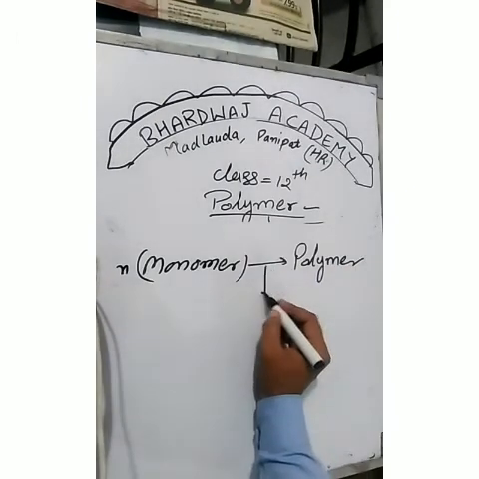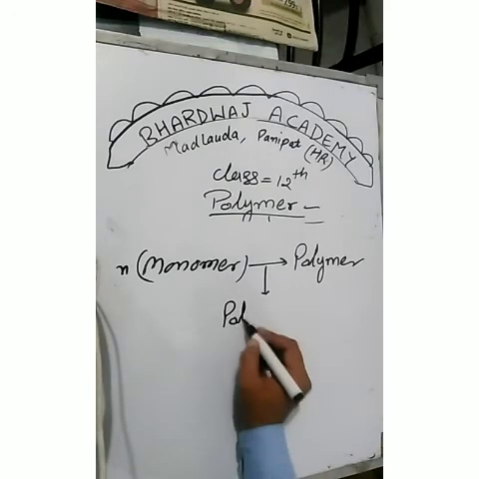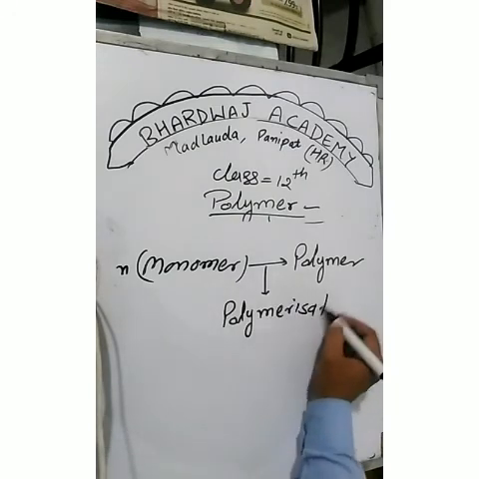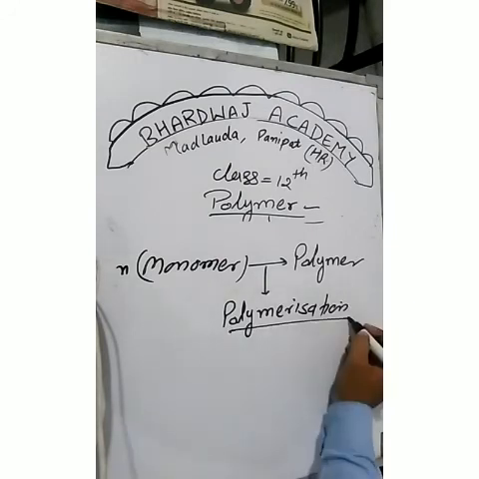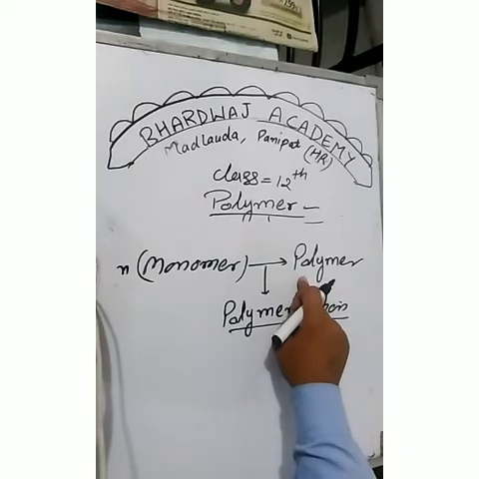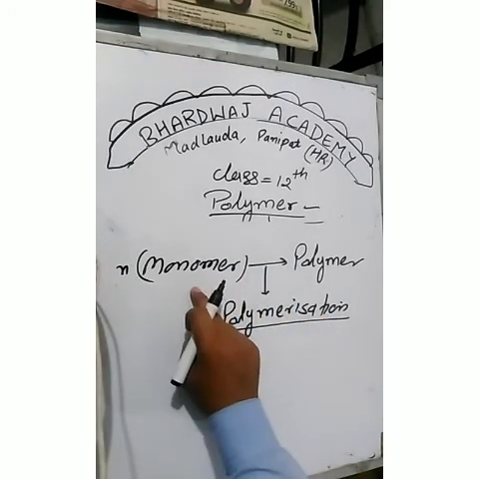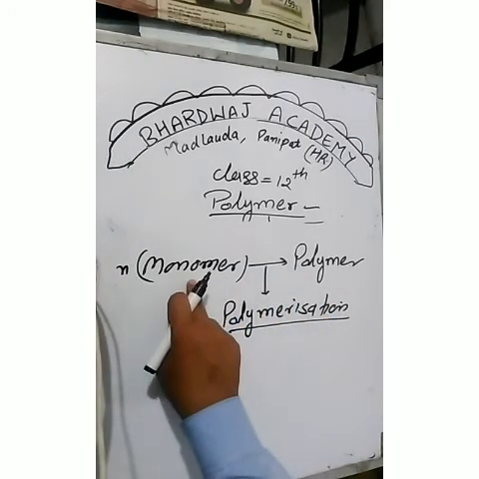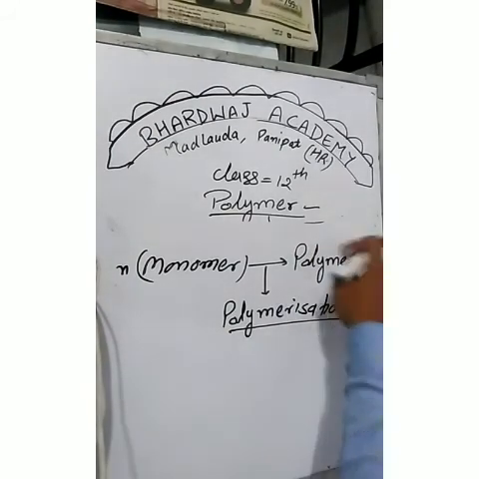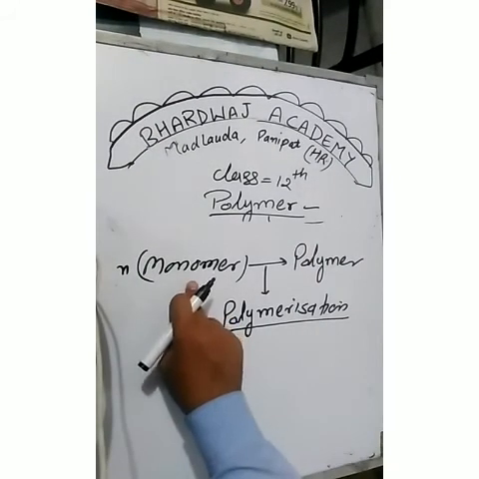And this process is called polymerization. The definition of polymerization is the process by which monomers combine together to form a polymer. Monomers are the basic and smallest units which combine together to form a polymer. A polymer is the largest unit, formed by the repetition of monomer units.